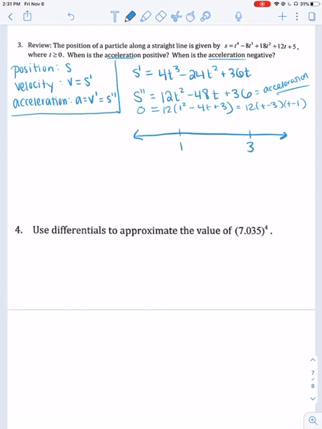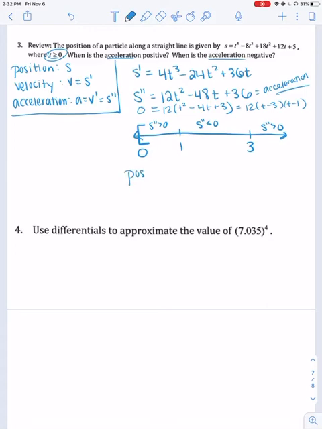Then be careful here, this actually won't continue on forever. It stops at 0 because we were given that t is greater than or equal to 0 because it's time, and we're not going to go into negative time. And so then you test your intervals, and here we get s double prime greater than 0, here you should get less than 0, and here you should get greater than 0. So when is the acceleration positive?